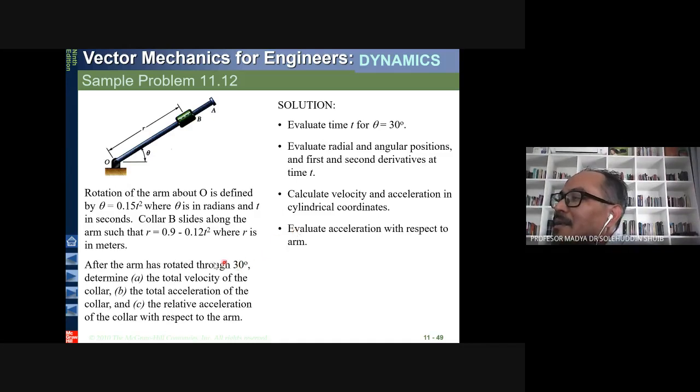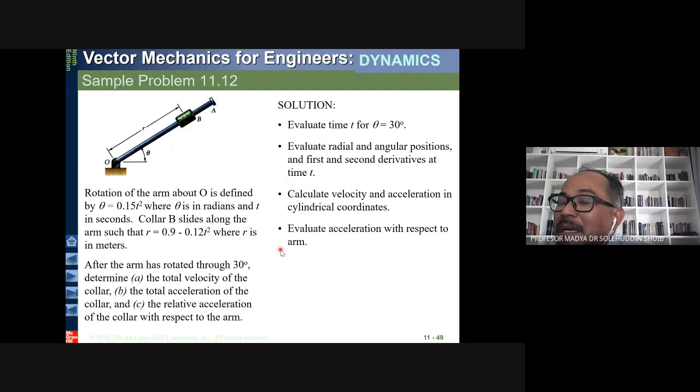Then you evaluate the acceleration with respect to the arm. This is where we talk about relative motion, relative velocity, and relative acceleration. Remember, this time it is the velocity of B, which is the collar, with respect to the velocity of the slider.